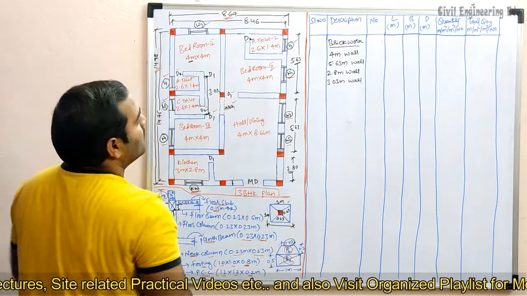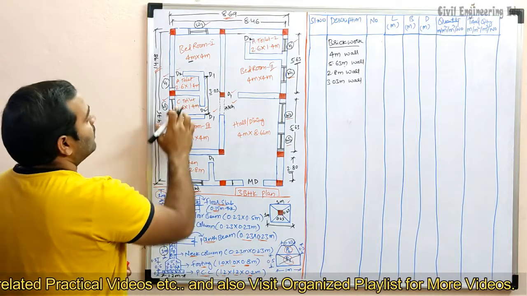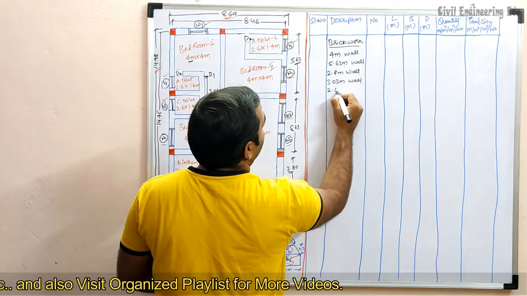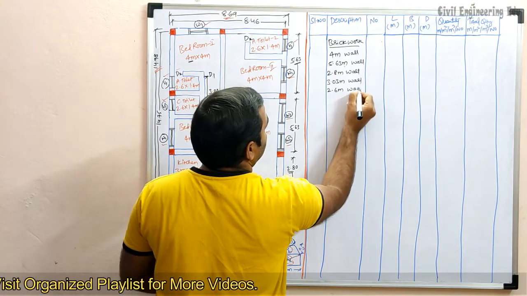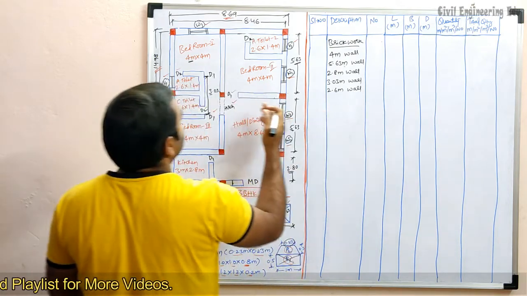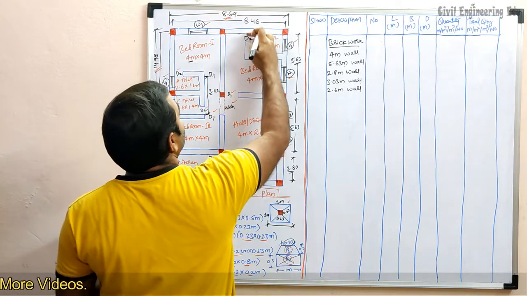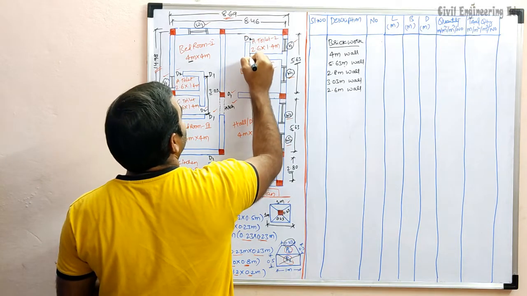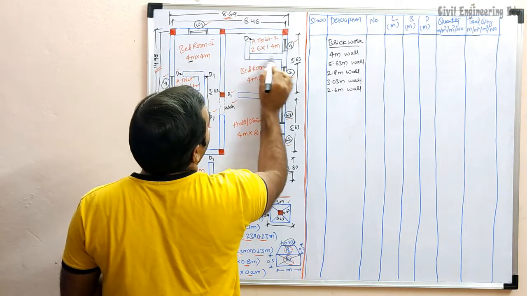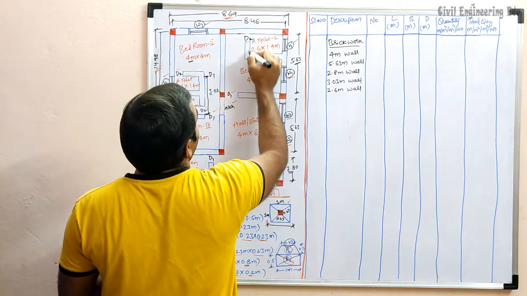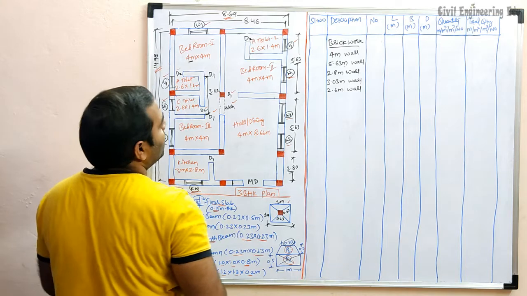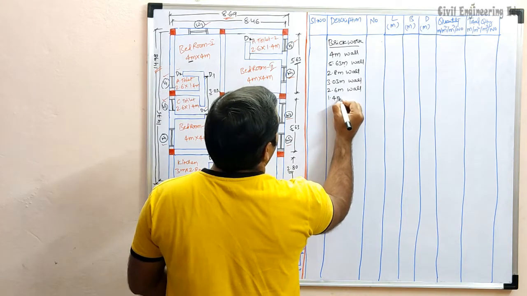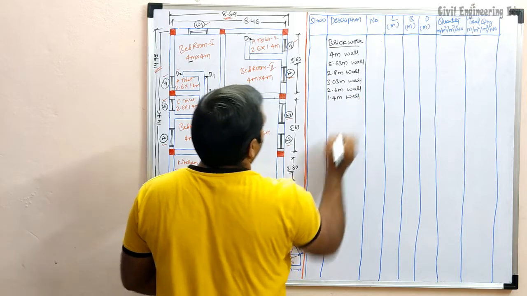Only this wall is one number. Now next one is a 2.6 meter wall. Next one is a 1.4 meter wall. In the 2.6 meter wall we have considered only up to here, so this remaining part of the brick wall we have to write. So a 1.4 meter wall.